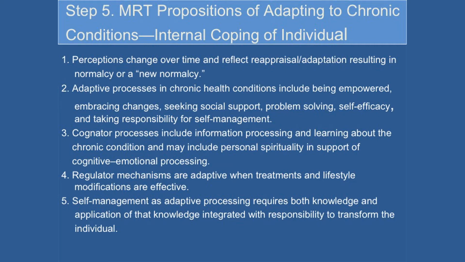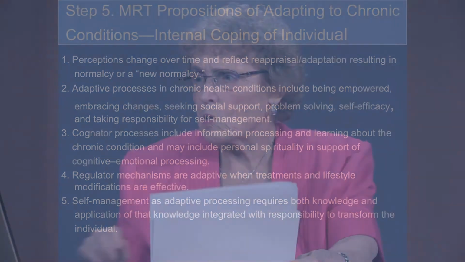Fourthly, the regulator mechanisms are adaptive when treatments and lifestyle modifications are effective. Self-management as adaptive processing requires both knowledge and application of that knowledge, integrated with responsibility to transform the individual. So this whole set of propositions relates to the internal coping of the person.